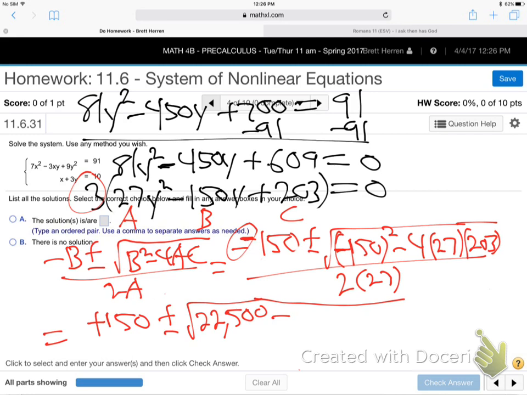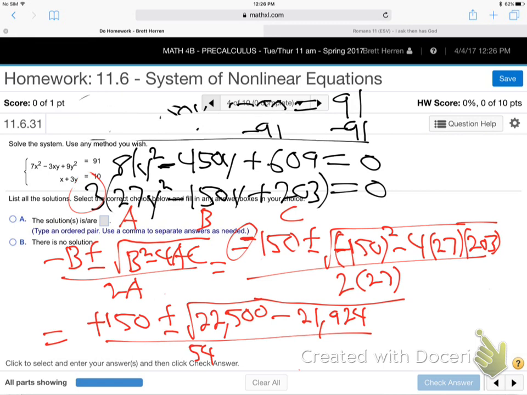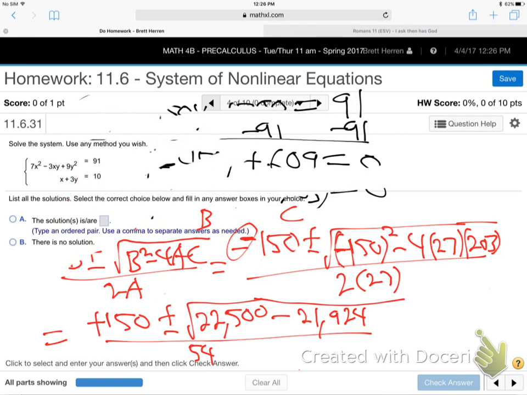Plus square root of 22500, I think, minus 4 times 27 times 203. Can I borrow a calculator? Thanks. That's 21924, all over 2 times 27, 54. I'm going to bring it up here.